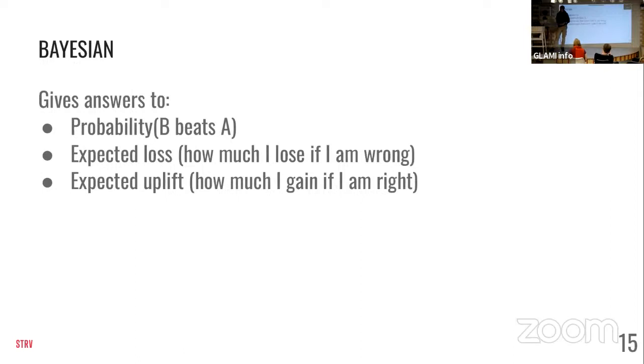Again, I won't give you any formulas there, you can easily find them. The Bayesian approach gives you the direct probability that, by this metric, version B beats A. I think this is one advantage, that you have a direct probability of this.